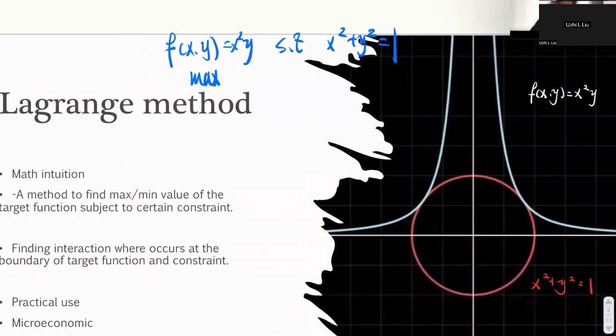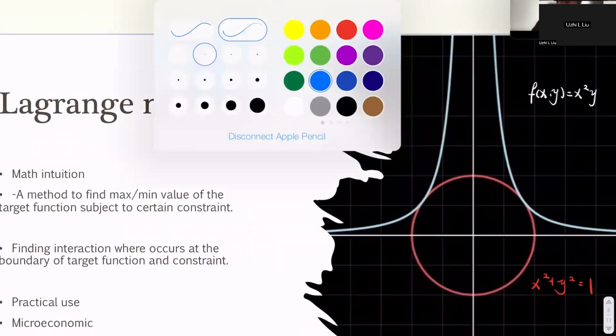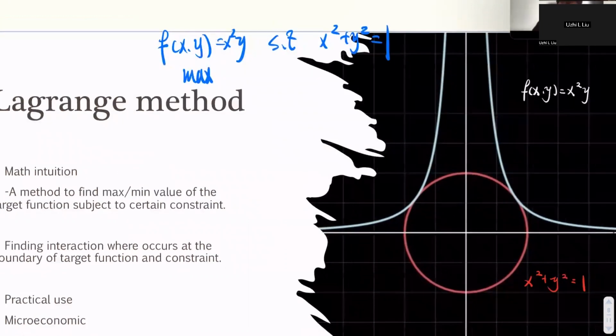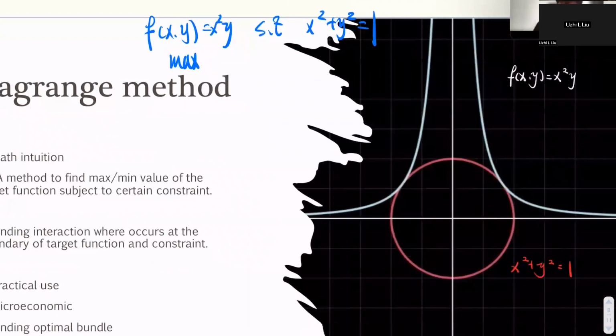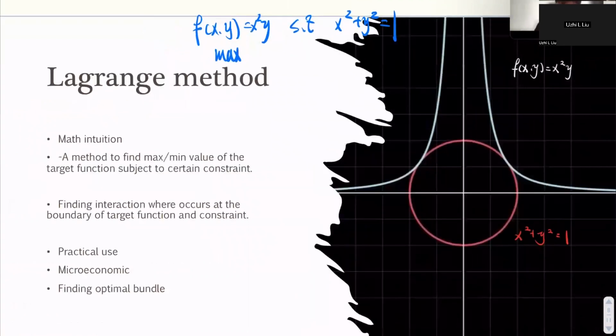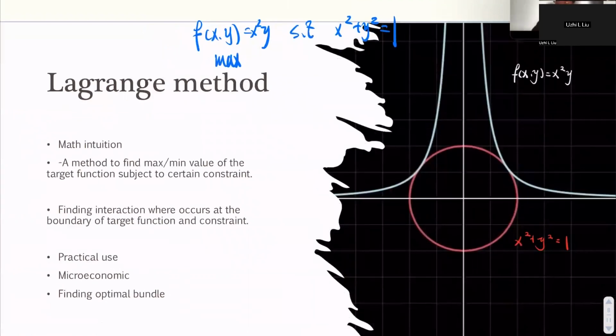Since we need to optimize the function with constraints, we have to consider both functions. When you maximize f of x, y, you also have to be in the domain of your constraint, which in this case is the unit circle.